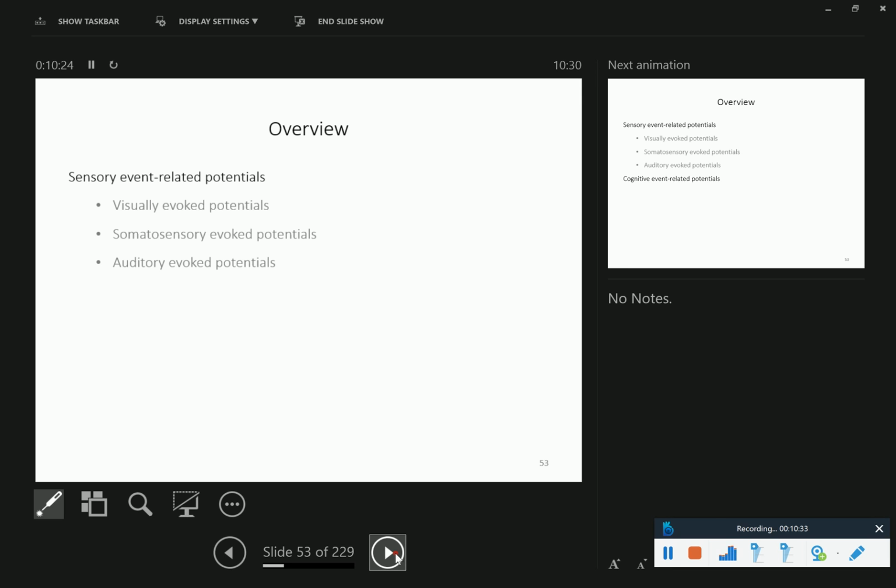All of them because you can precisely and easily create stimuli in these domains using, for example, a computer monitor or headphones or electrical stimulation or mechanical stimulation of the skin. These are sensory event-related potentials that you find a lot.